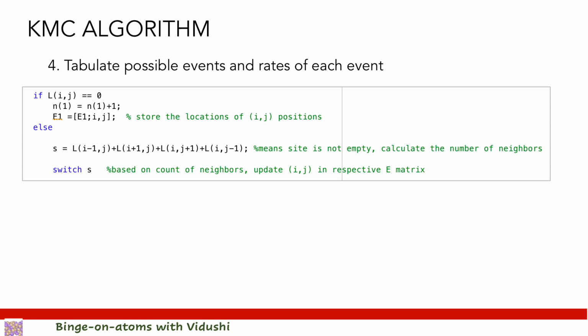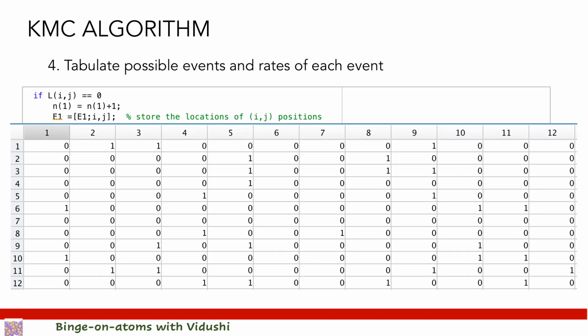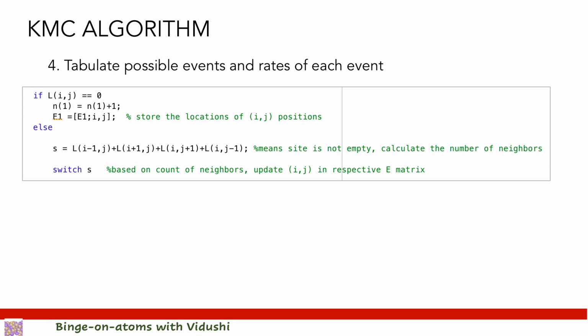The L matrix has the values either 0 or 1 as shown, such that occupied sites have 1 and unoccupied sites have 0. So if Lij is 0, this means the site is empty and there is a potential for event 1 to occur. Therefore, this location ij is stored in the E1 matrix. But if this ij is not equal to 0, this means the site is not empty, and then one of the 5 desorption events will occur.